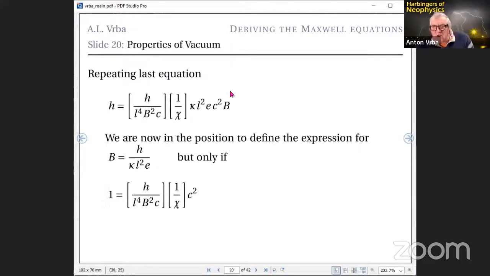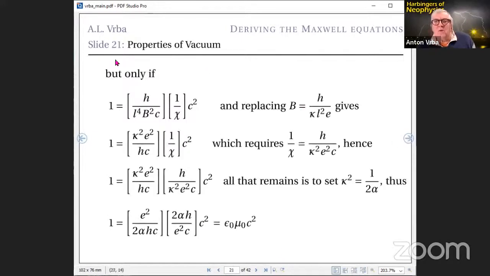So repeating that equation here, we can now define what B is all about. And I say B equals H divided by kappa L squared times the electric charge. But that is only true if this equation evaluates to 1.